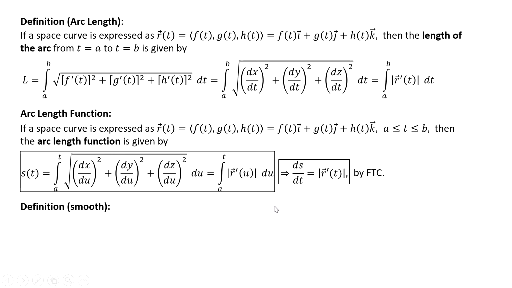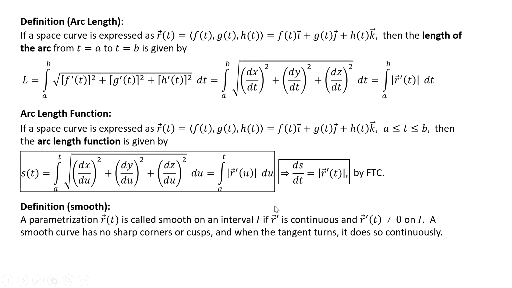And there's another concept that we need to learn. When would you say that a parametric curve is smooth? A parameterization r of t is called smooth on an interval I if r prime is continuous and r prime of t is not equal to 0 on I. Okay, the continuity part has to make sense for something to be smooth.